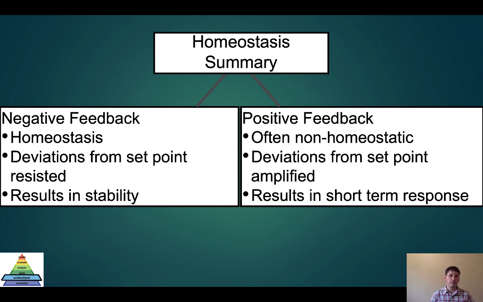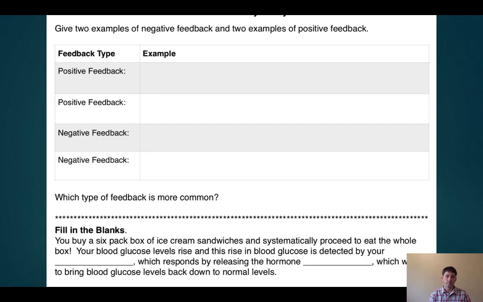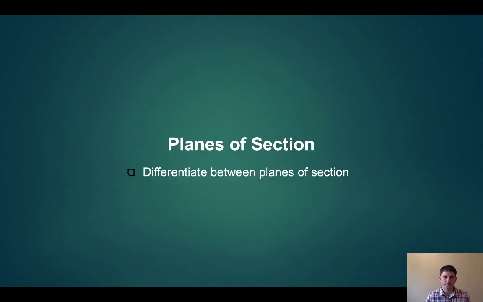That results in stability for our negative feedback system, and our positive feedback is a short-term response, right? We cut ourselves, and we have birth, or we're giving birth, we need to end that pretty quickly, hopefully quickly. So here are some example questions that if you wanted to pause right now and go over these, or you can come back and revisit this a little bit later.